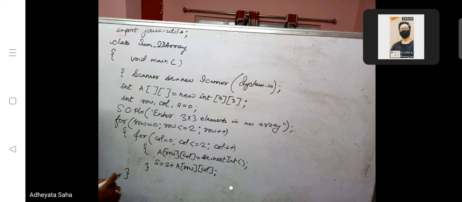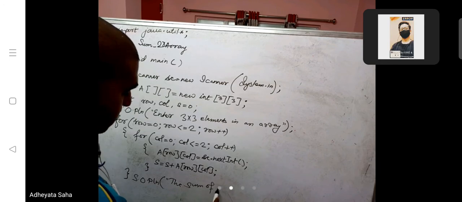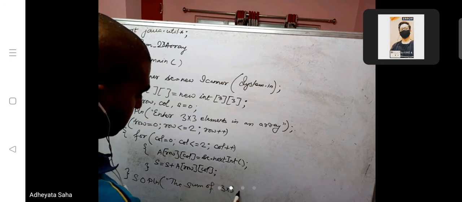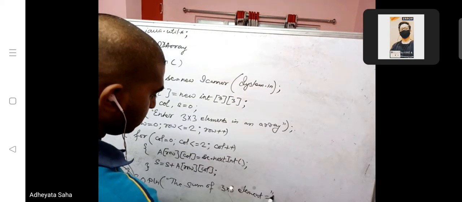Close this, and then System.out.println, the sum of 3 cross 3 elements is equals to plus s.